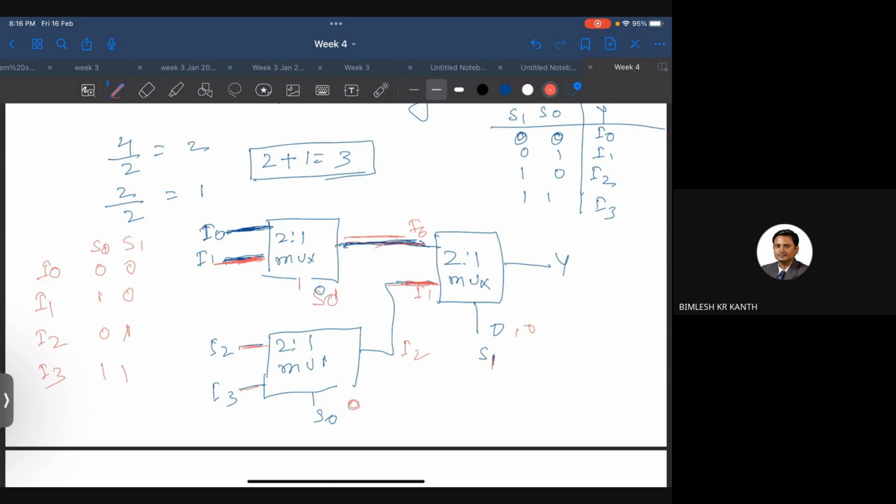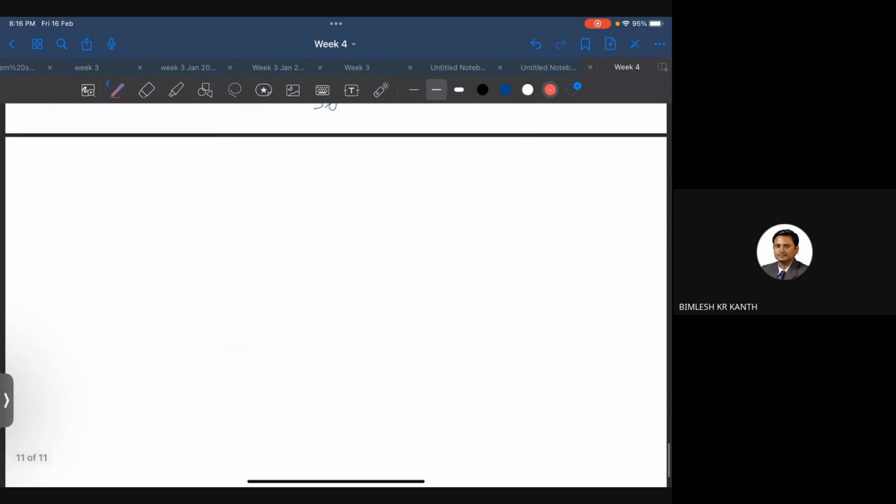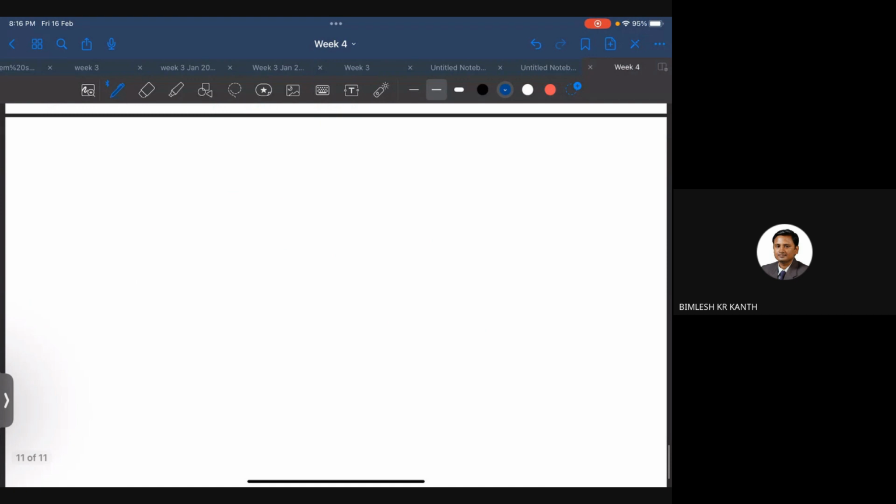Okay. Now suppose we want to design an 8x1 multiplexer using 2x1 multiplexers.